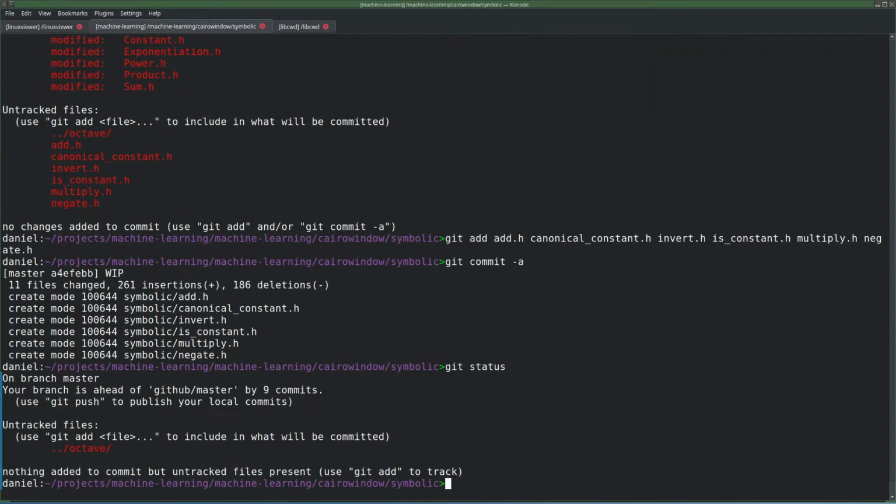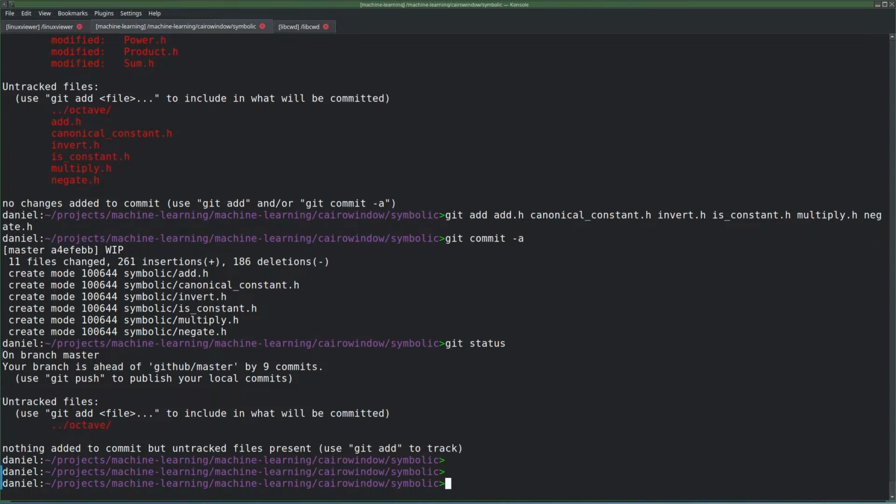Right, so next, it's a bit like an open heart surgery, this.